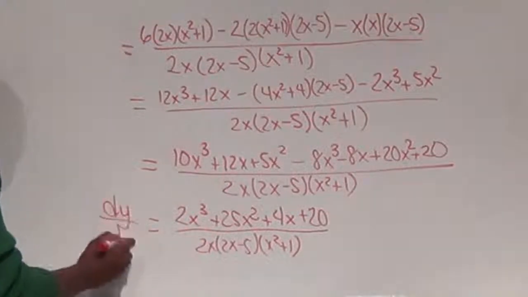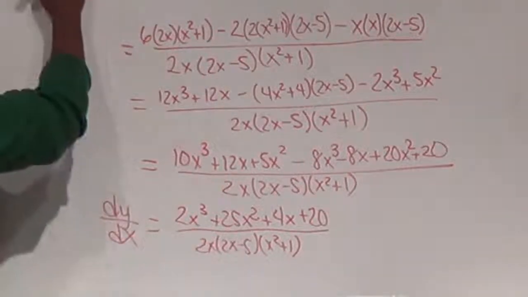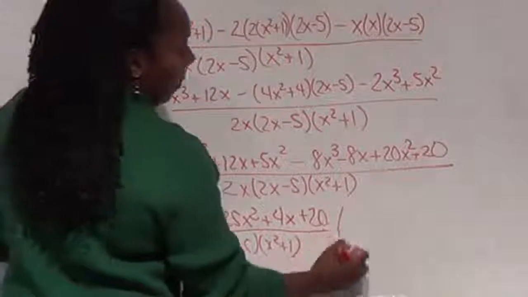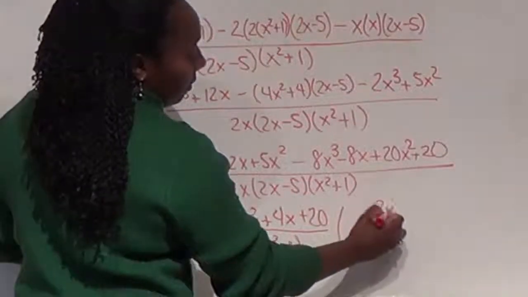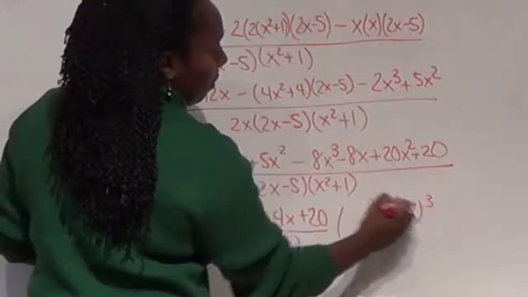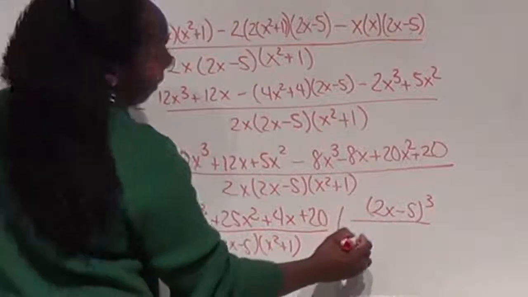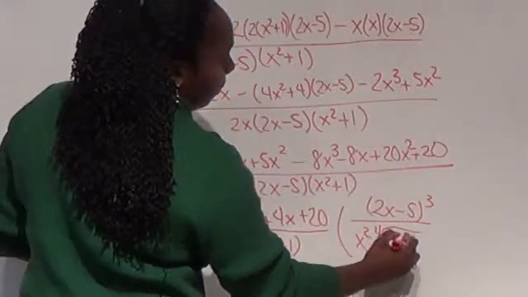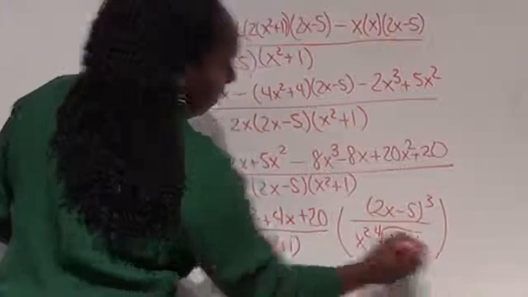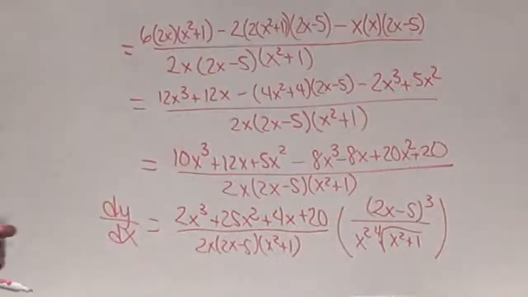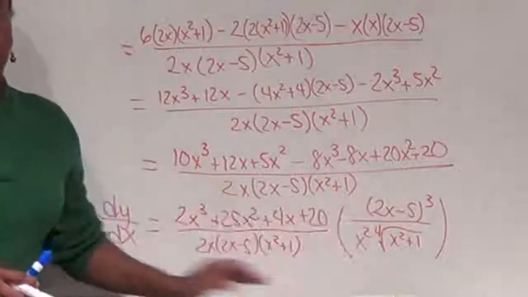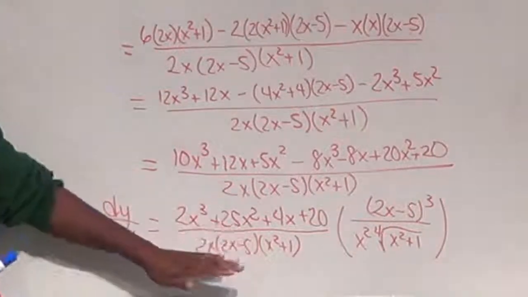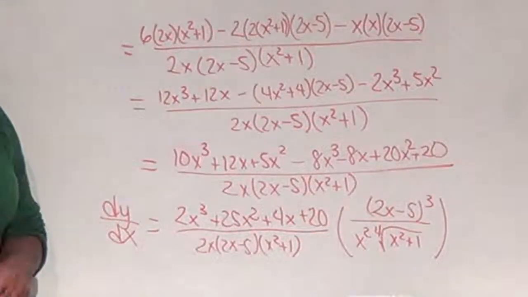And for dy dx, we need to multiply through by y, which was 2x minus 5 cubed over x squared 4th root x squared plus 1. Now again, there's some more things you could cancel out, but if you get this far, that's going to be full credit.